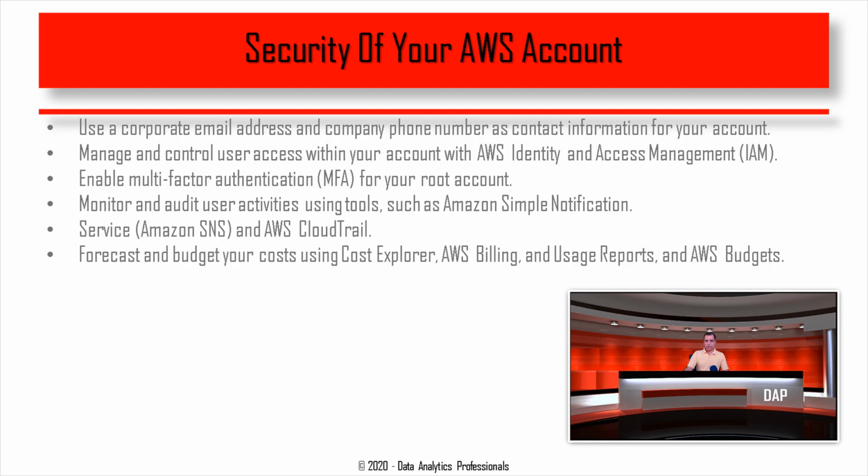Manage and control user access within your account with AWS Identity and Access Management, IAM, and we are going to talk about this in the next lecture. What is it, and I'm going to show you how to use it. This could be a lecture series on its own, but I will talk about IAM at least as much as needed to manage projects, machine learning or data science projects.